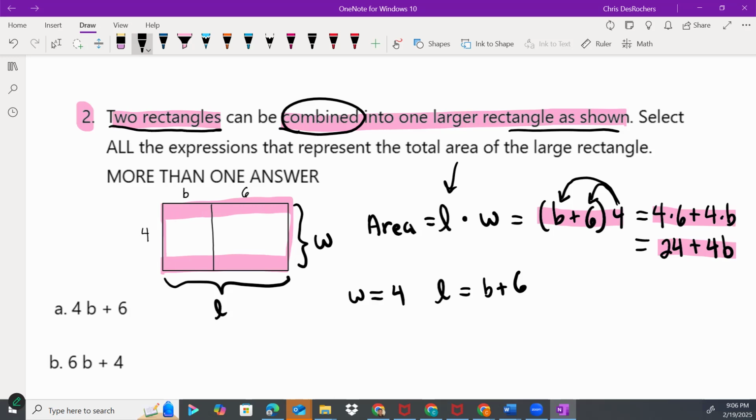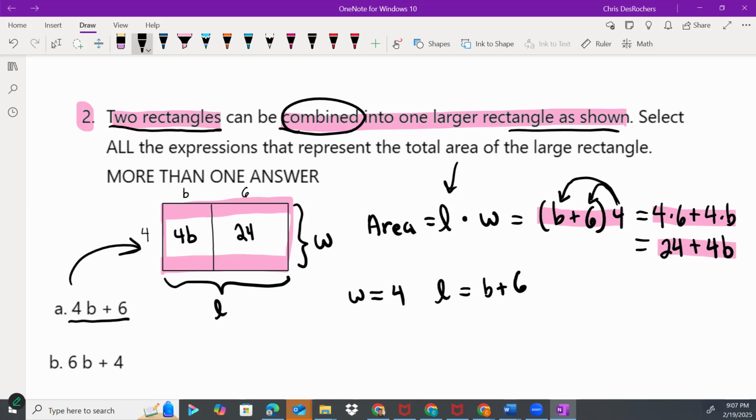The area of this small rectangle actually happens to be 4b, and the area of this one right here is 6 times 4, which is 24. We could have written it as 6 times 4 also. So at any rate, we're going to look here and say, well, is this rectangle going to be equal to this expression, 4b plus 6?